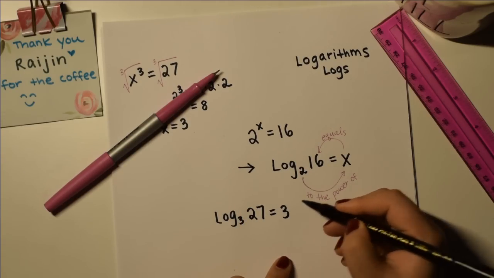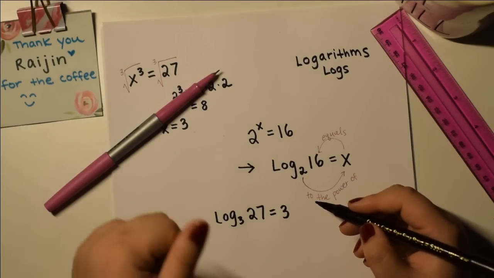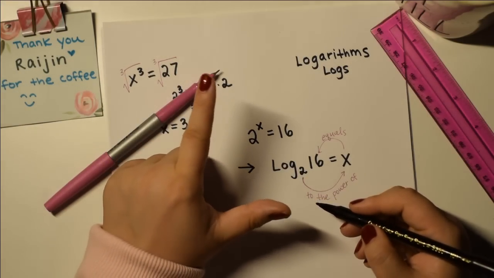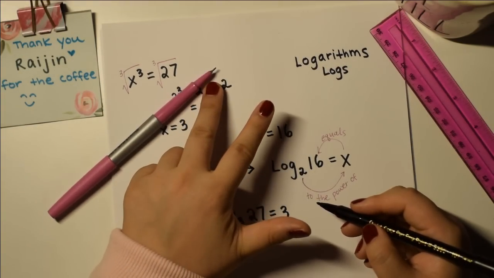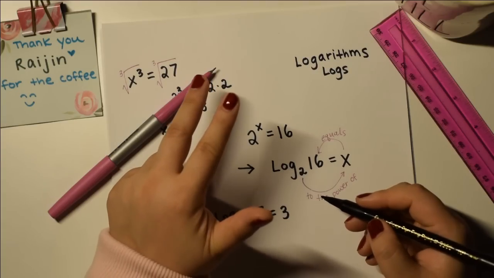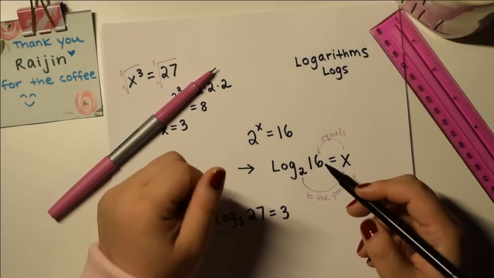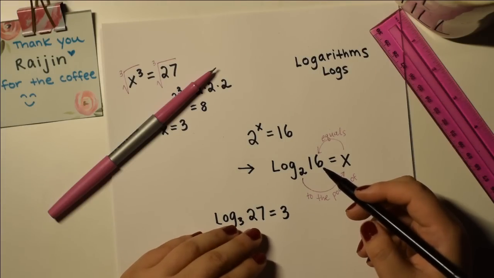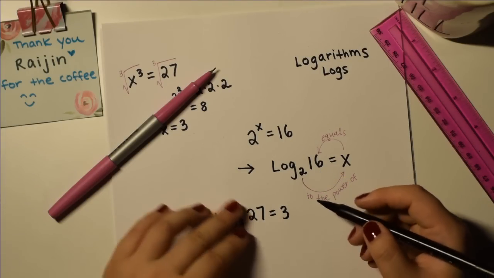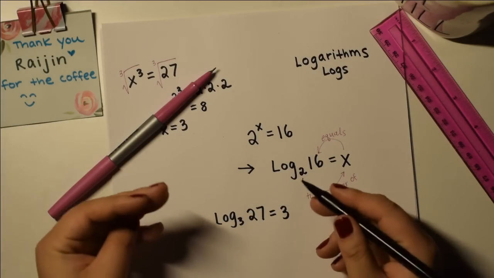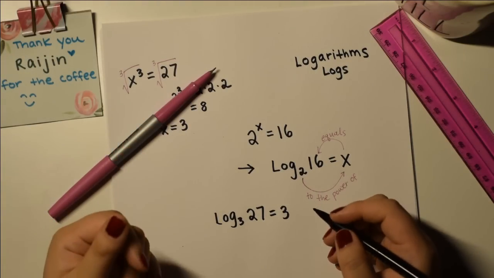And in that case, it would be 3, because 3 times 3 is 9 times another 3 is 27. Exactly. So log base 3 of 27 is 3. And you could do log base anything really.